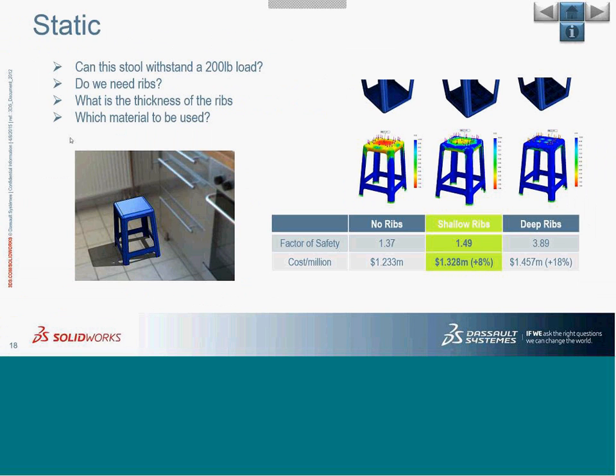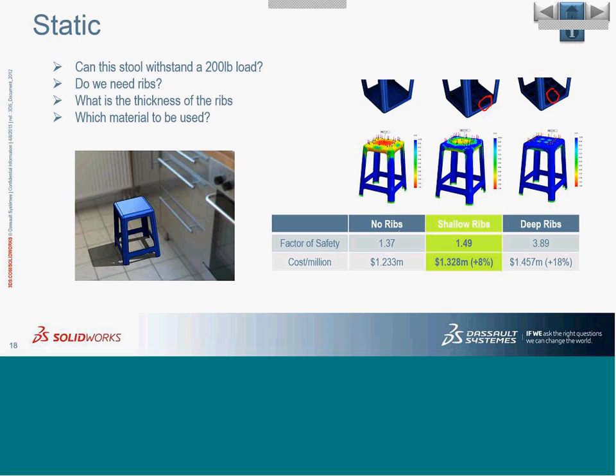As the word says, or if you see the images over here, we have a case wherein this particular part is loaded under different loads. We also have a case wherein the ribs inside this part, which you can see here, are a bit different.